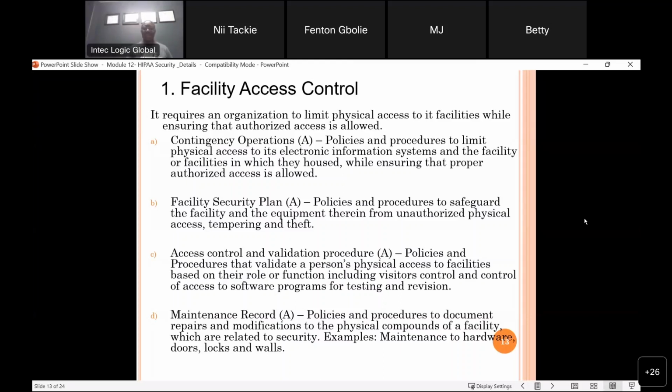Good. So the next one, maintenance record: policies and procedures to document repairs and modifications to physical components of the facility which are related to security. Example, maintenance to hardware, doors, locks, and walls. This is a security issue. If you come and do maintenance on the door, you change the locks, there needs to be a record on that.